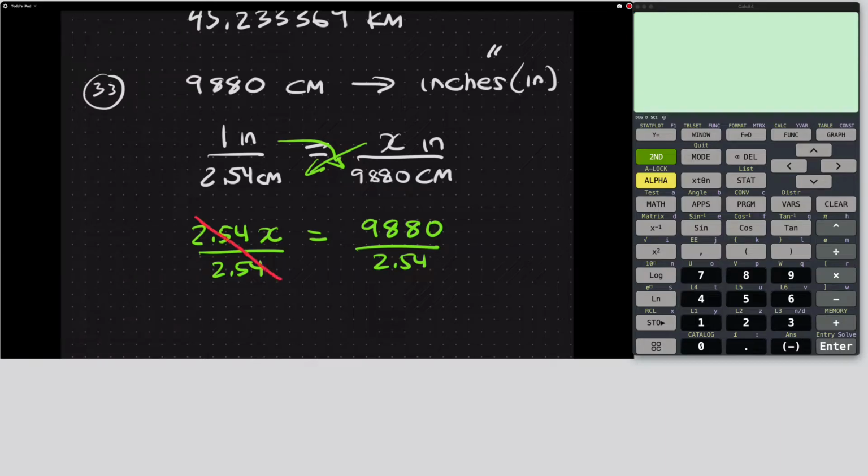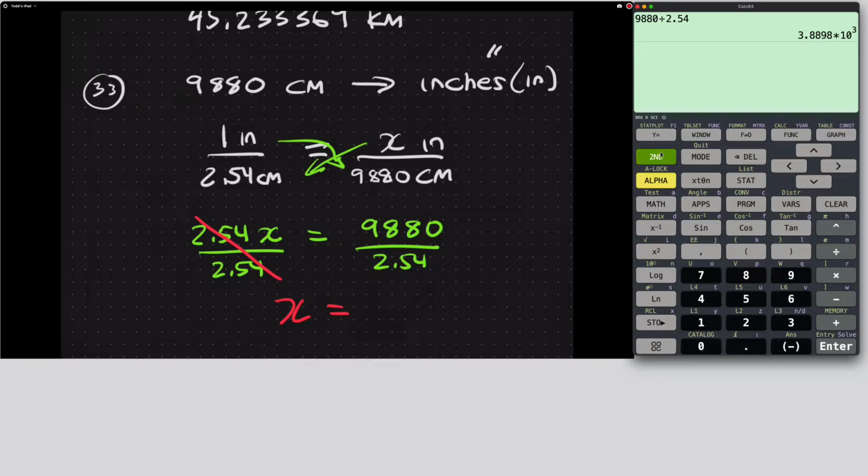The 2.54s cancel, leaving us with X equals, now I just punch this into my calculator, so 9,880 divided by 2.54, and it's giving the answer to me here in scientific notation, and you could put it in scientific notation if you wanted to. It depends on what the question states.